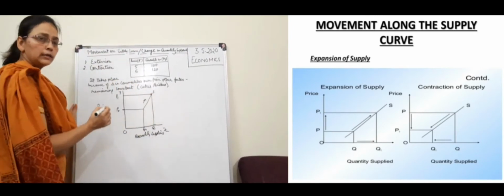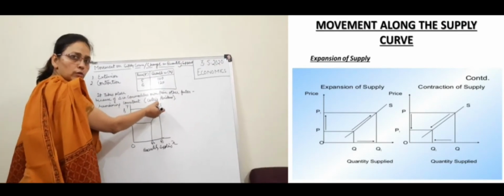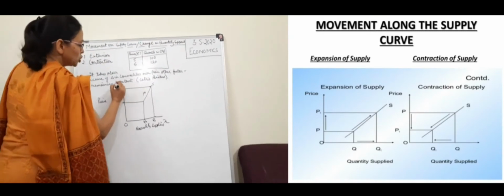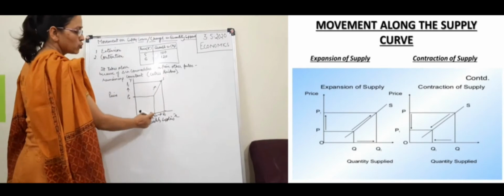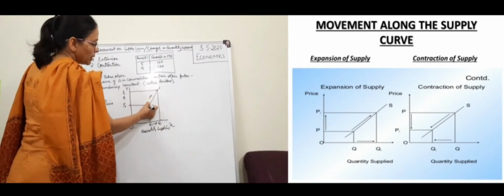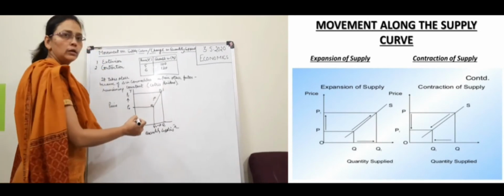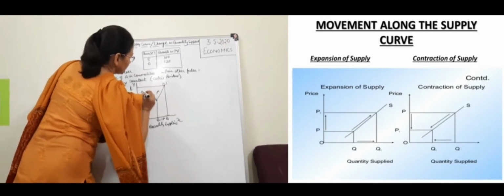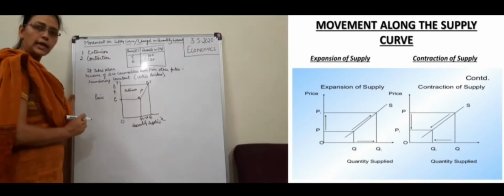The change is taking place in the upward direction. Can you see that? When the price goes from P0 to P1, the quantity supplied increases from Q0 to Q1, and the movement is taking place from E0 to say E1. This movement is known as extension on supply. Is that clear?